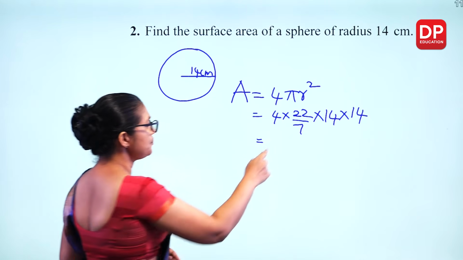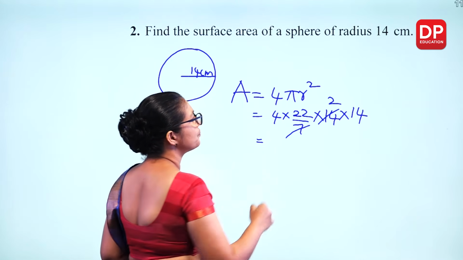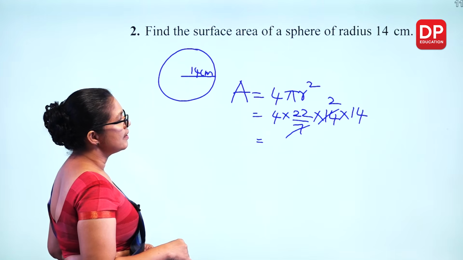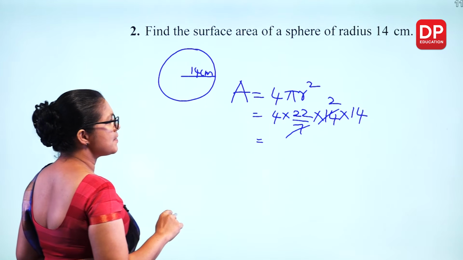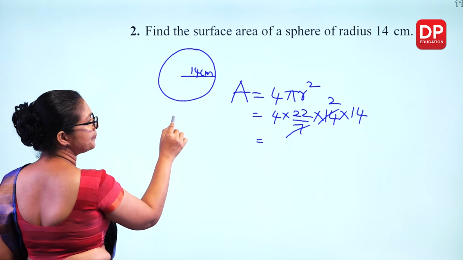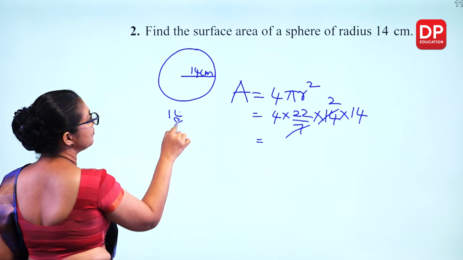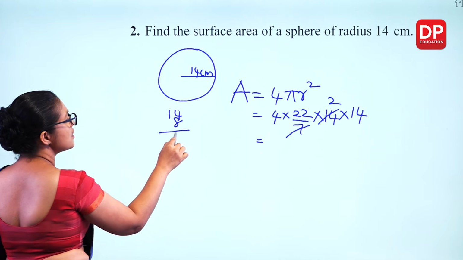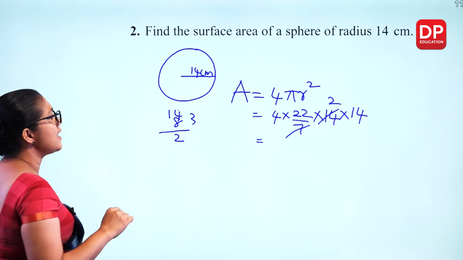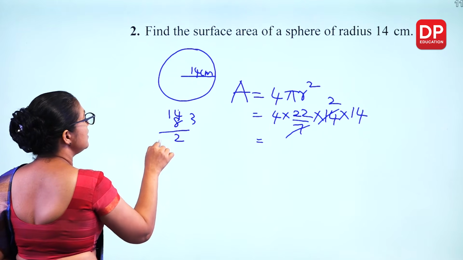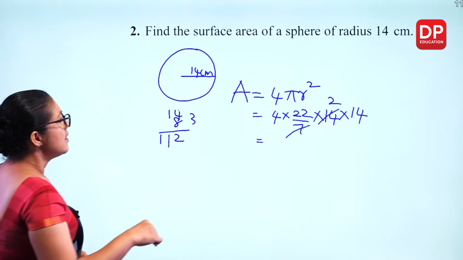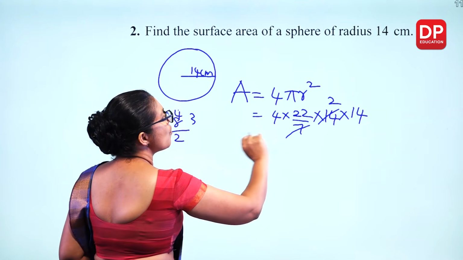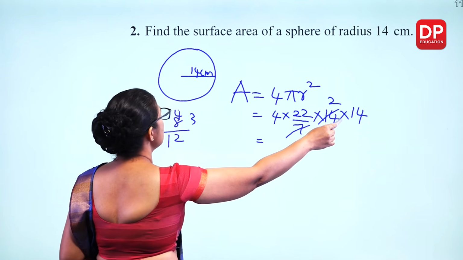Now simplify. 7 times 2. Then 4 times 2, 8. 8 times 14. 8 times 4, 32. 3 remaining. 8 times 1, 8. 8 plus 3, 11. Then you have to multiply it by, so we took 14 times 8.